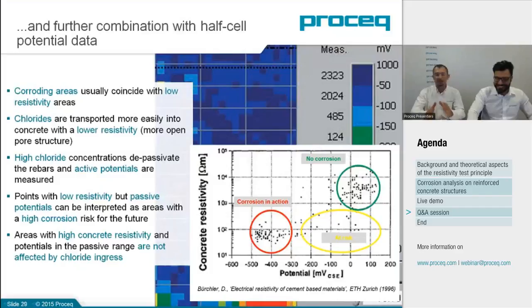Passive potential is saying the steel is there and nothing is happening. We have no electrochemical reaction, but if we see that being accompanied by a low resistivity value, then we will state a potential risk for the near future for the structure. Brilliant. Again, no physical correlation, just a statistical correlation that we have to keep in mind.